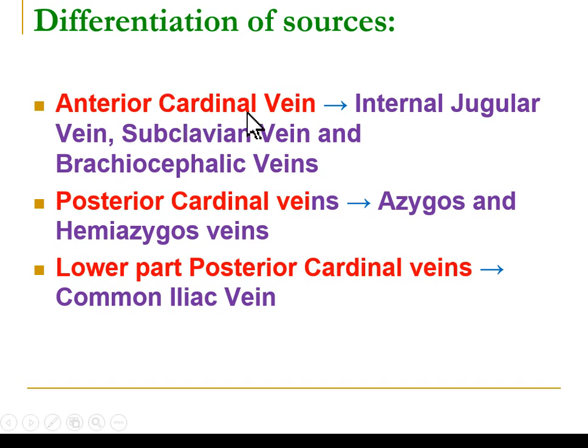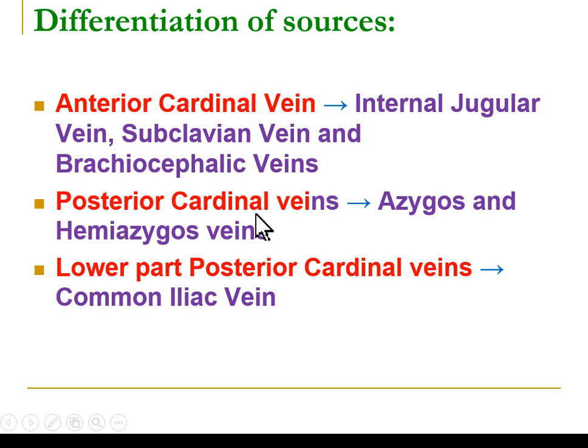The internal jugular, subclavian and brachiocephalic veins come from the anterior cardinal veins. The azygous and hemiazygous veins lie along the vertebral column on the posterior thoracic wall; they develop from the posterior cardinal veins.